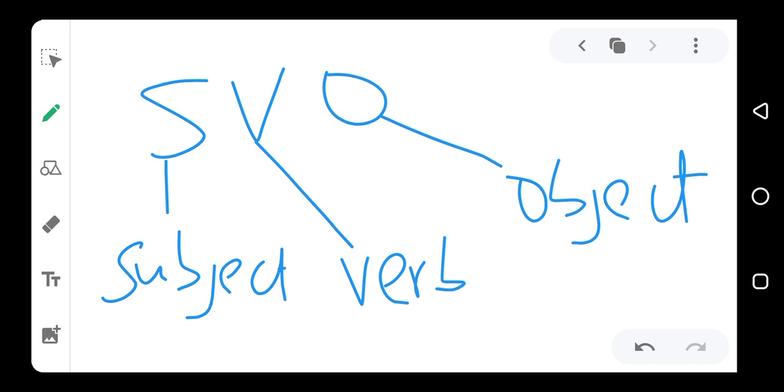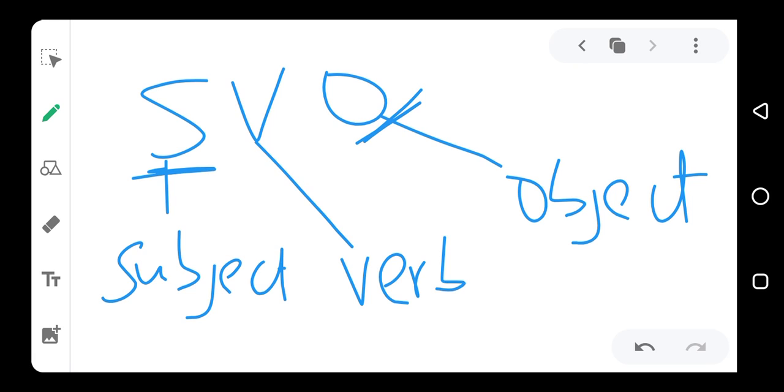Subject, verb, object. And we have said that a noun clause can take the position of a subject and can also take the position of an object in a simple sentence, which means that the only thing that always comes between the noun clauses in a sentence is a verb.